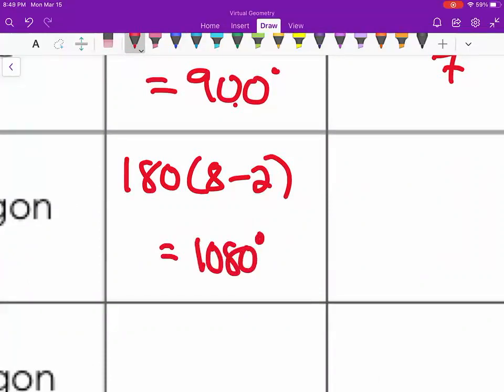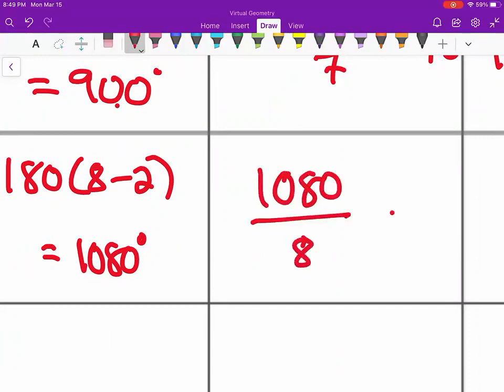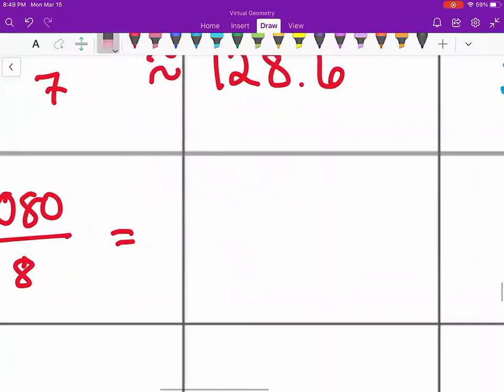For our total interior, we're going to take that same 1080, divided by the 8 sides our figure has. So each interior is actually a nice, pretty 135 degrees. No decimals here.